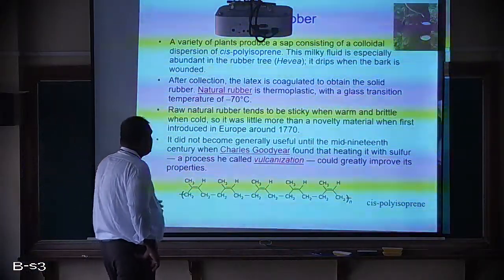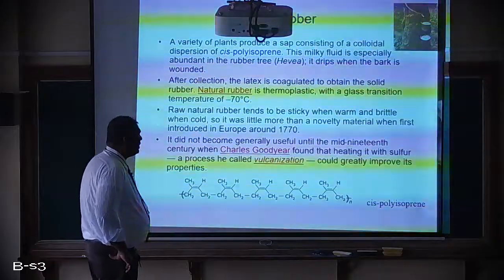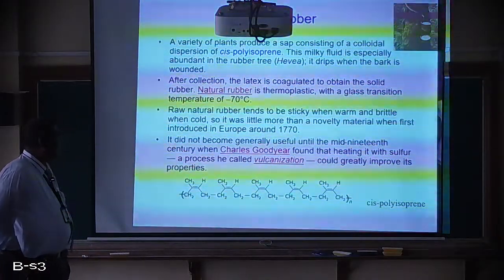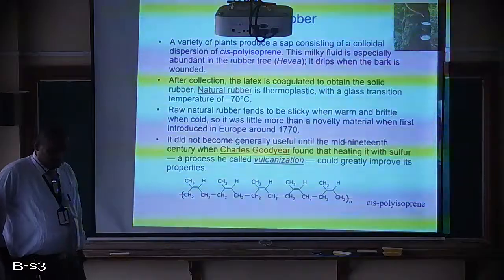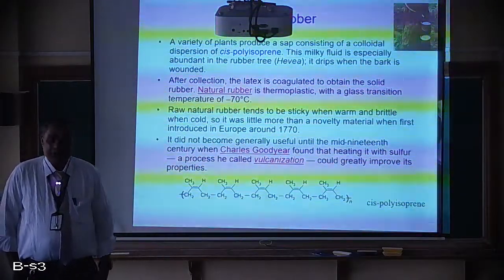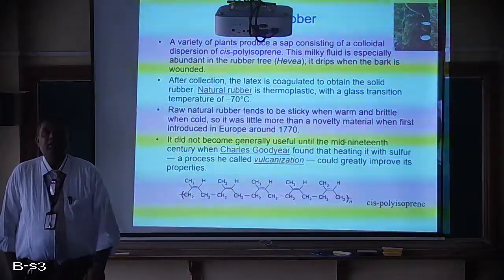But in the mid-19th century, Charles Goodyear found that heating with sulfur, a process called vulcanization, greatly improves the characteristics and properties of the rubber material, and they started using it for tires.